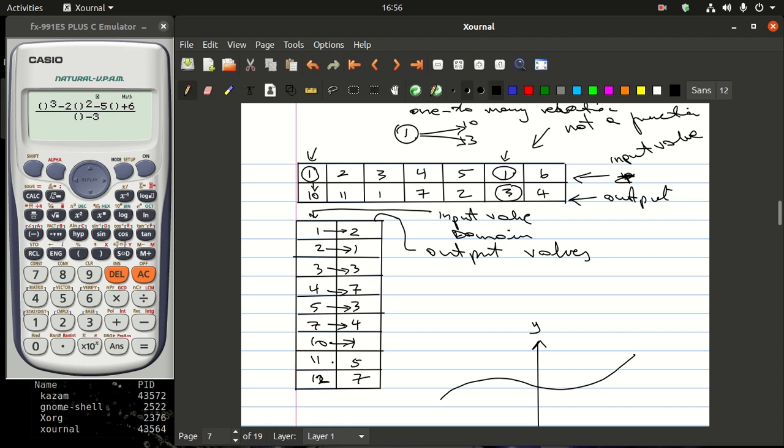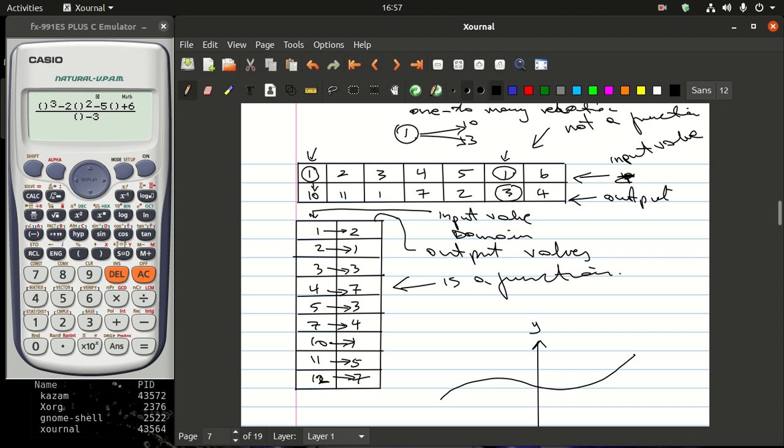So if you look into this, you will find out that all these elements are different in the input column. So because they are different, mapped to unique elements, this one is a function. So that's how you actually read a table.